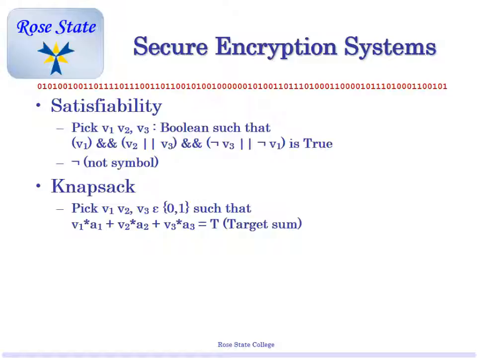It's true. True and true, the answer is true. If I have true and false, the answer is false. Because with an and, both sides have to be true. Now an or, what if I say true or true? True. True or false? True. False or true? True. False or false? False. Okay? Not negates that. So for this to work, what does V1 have to be? Since it's got an and next to it.